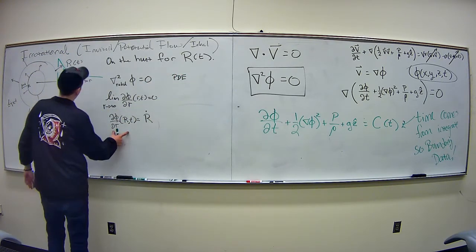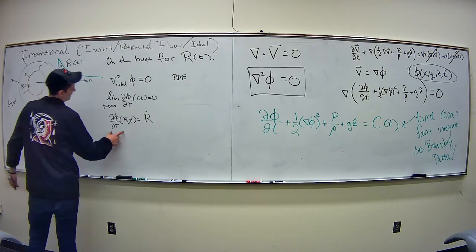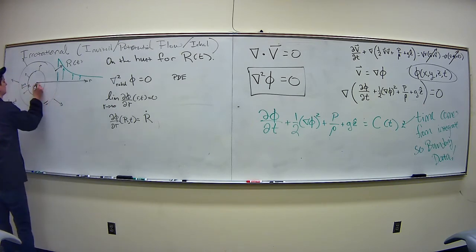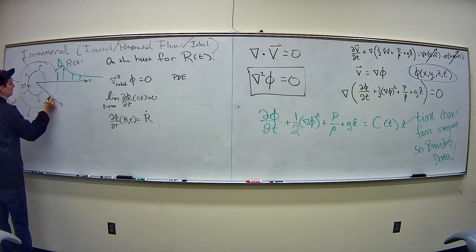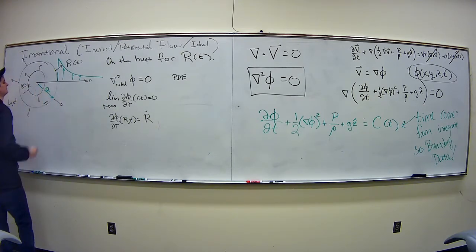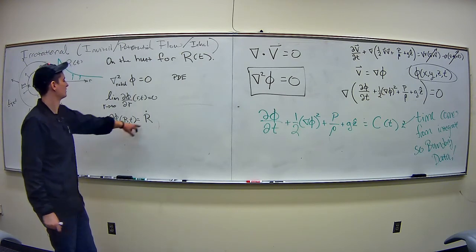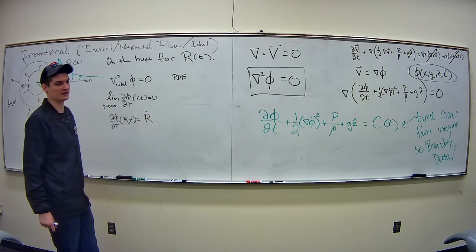There's another derivative. So now I'm asking, at the value of r, here's actually r, this is really your r of t. Well, the derivative of phi at r is r dot.